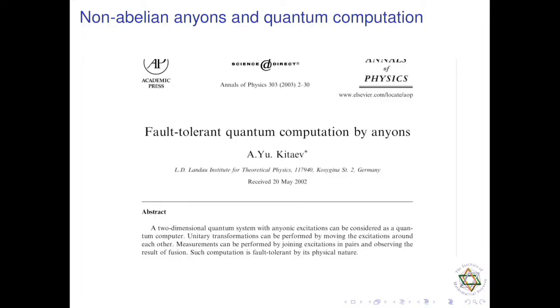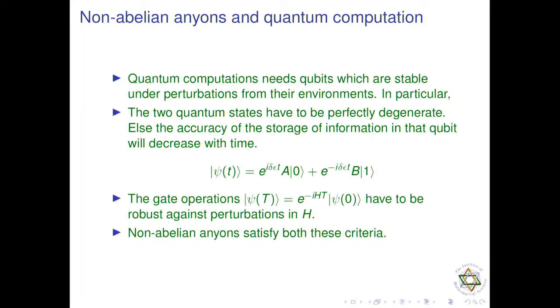So then the other thing was non-abelian anyons in FQHE systems. This idea of using them for quantum computation was probably first set forth in this paper, but this is the one that's quoted for it. So the idea here is that qubits need to be very stable, in the sense that the 2 states that represent the qubit, their energies have to be exactly equal.